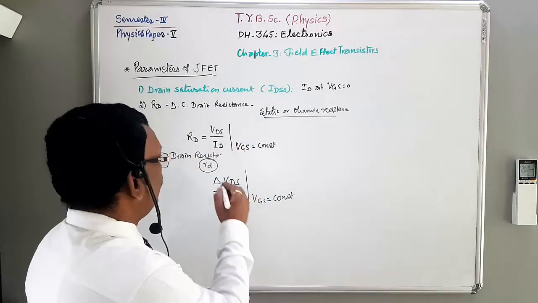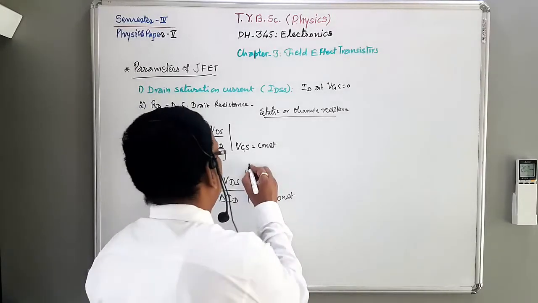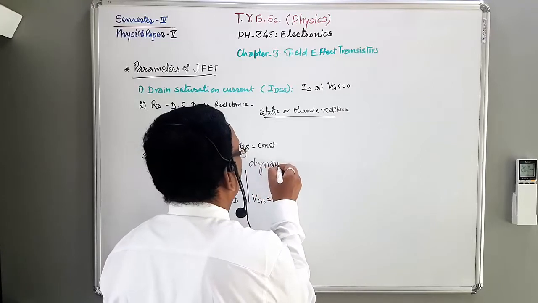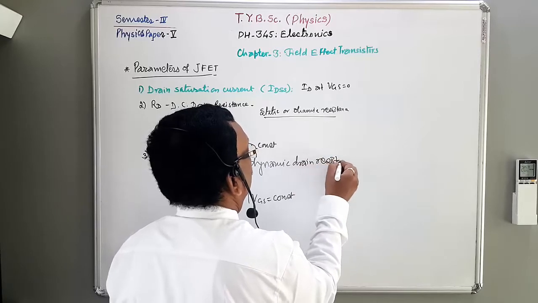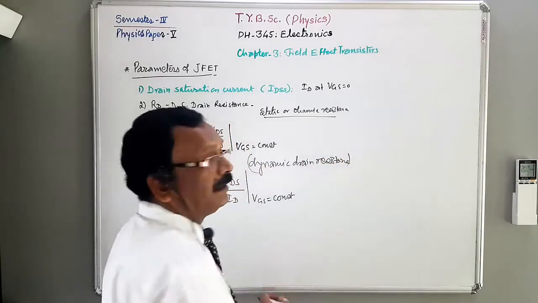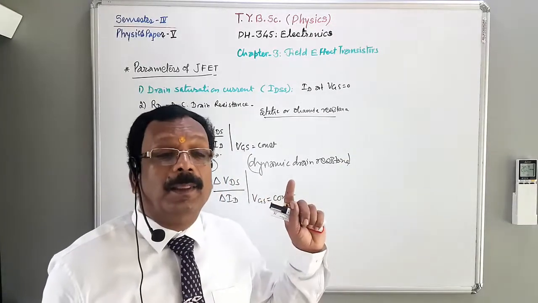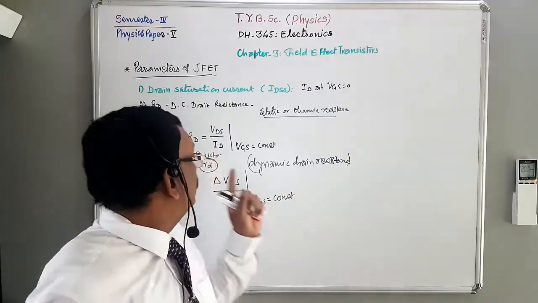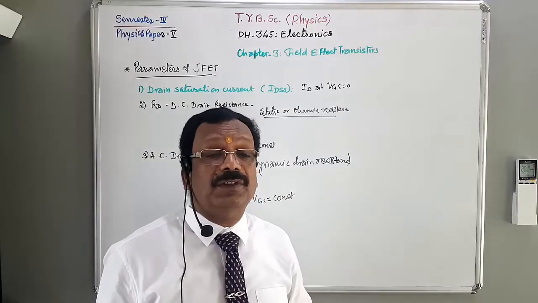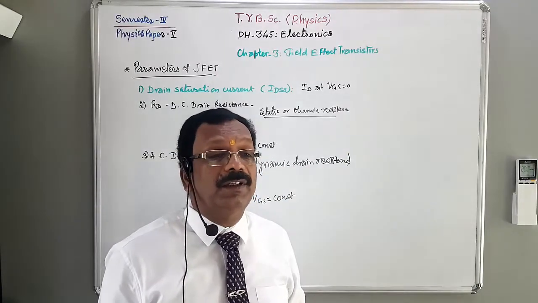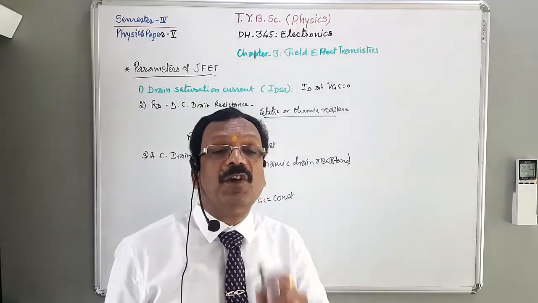AC drain resistance is also known as dynamic drain resistance, and it is the AC resistance between drain and source terminal when JFET is operating in pinch off or saturation region.